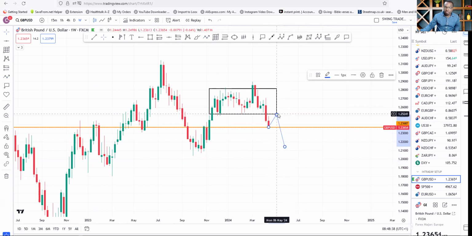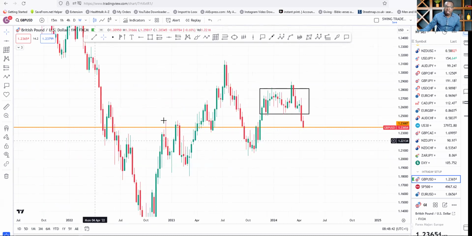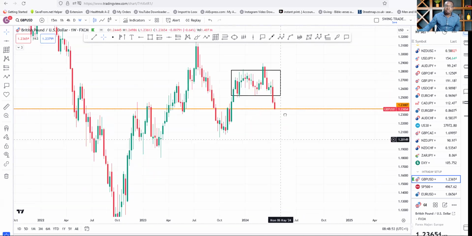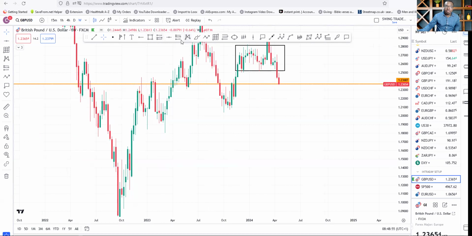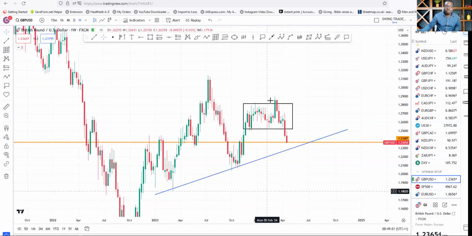But I'm looking at that key area because it's a very strong key area that price reacted to multiple times on the weekly. And there's a break above and a retest, so price may be bullish in the long run over time on the weekly. We are not sure yet.